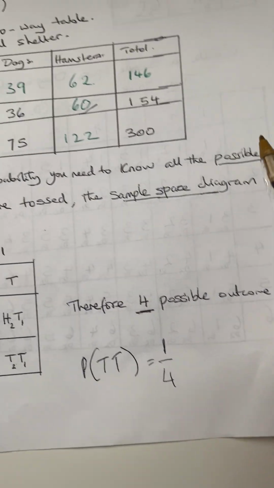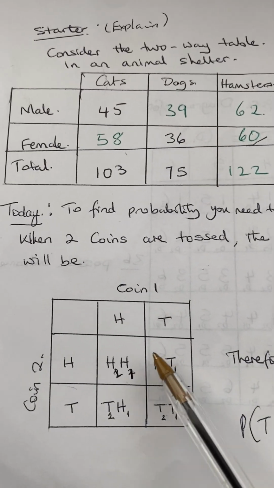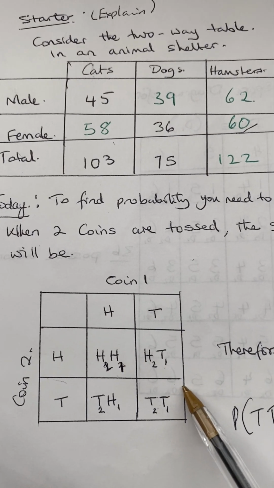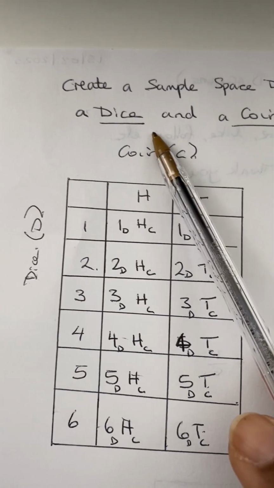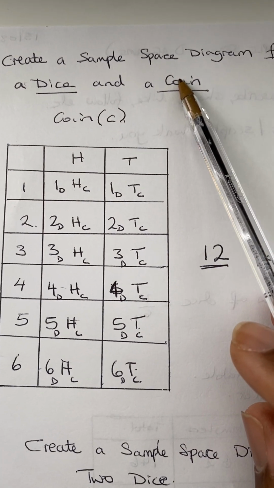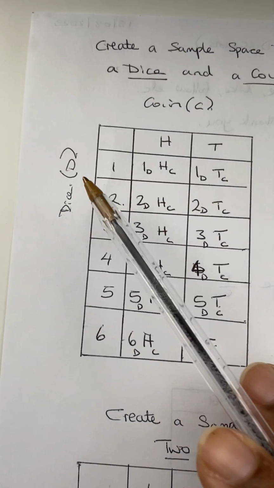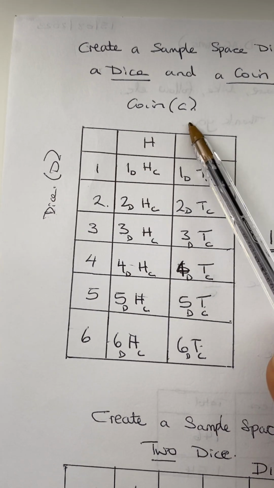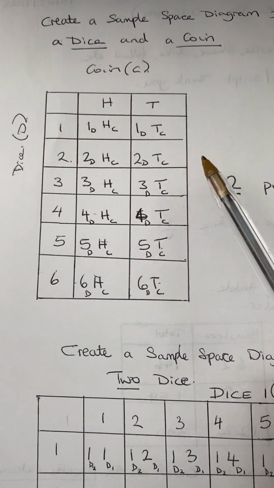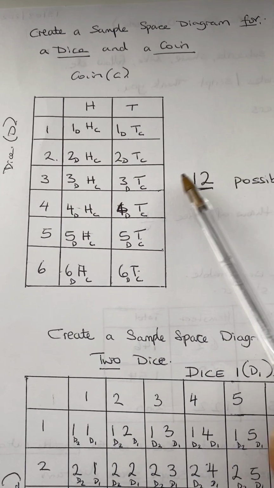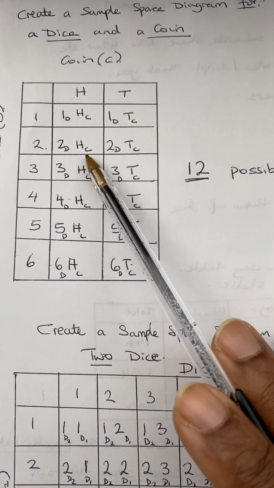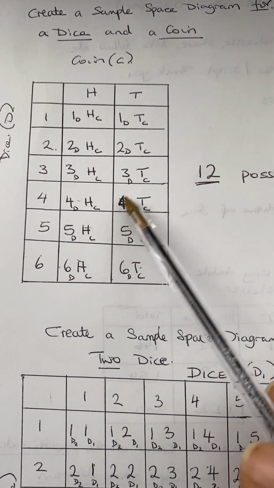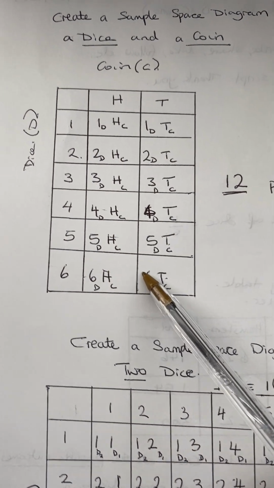So this is the sample space diagram for tossing 2 coins. Now if they give you a dice and a coin, you have 12 possible outcomes: 1, 2, 3, 4, 5, 6, 7, 8, 9, 10, 11, 12.